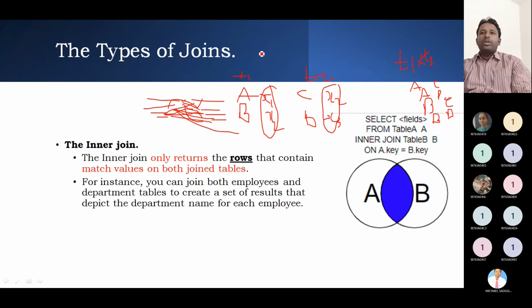How? If T1 X is equal to T2 X. If the value in T1 table X is equal to the value in T2 table X, then you join those two. According to that, when you go for join of T1 and T2, the result will be like this: join of T1 and T2.